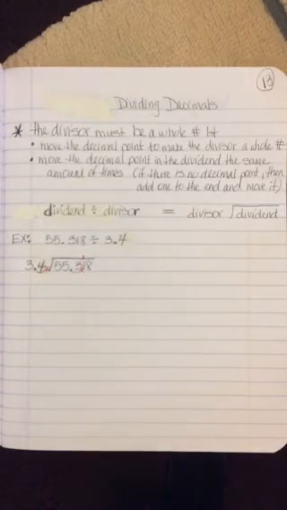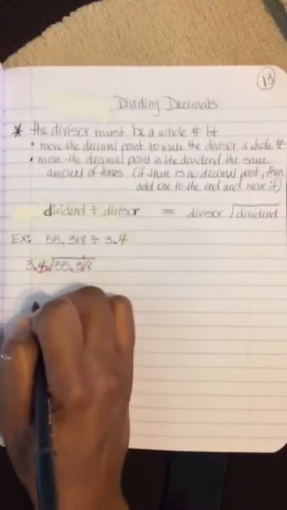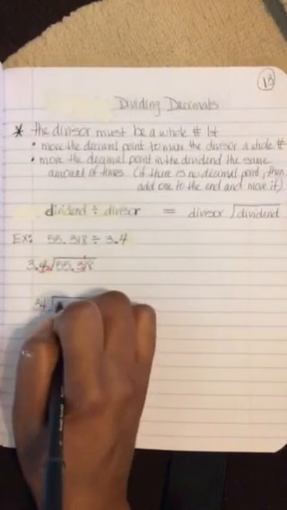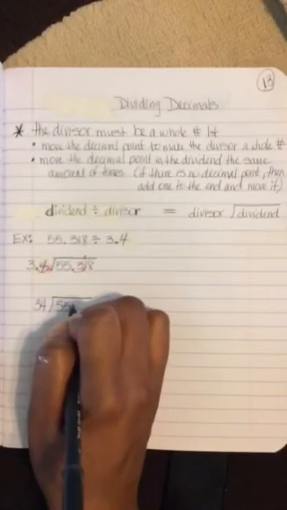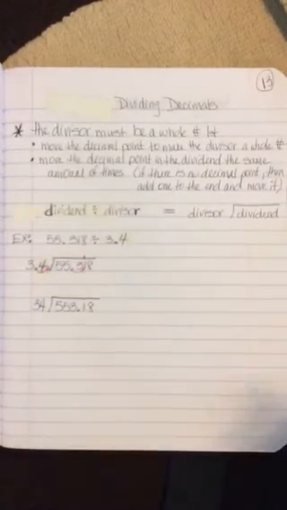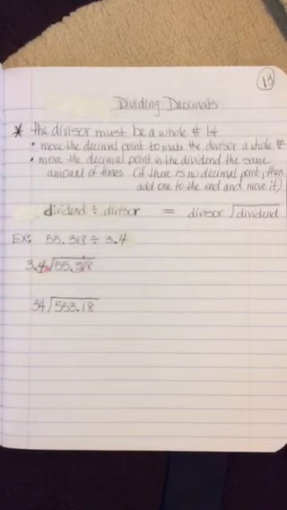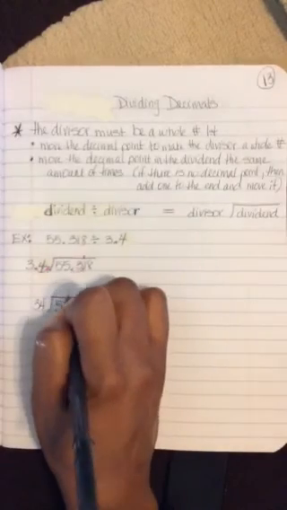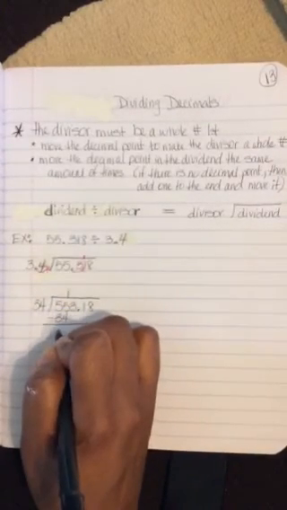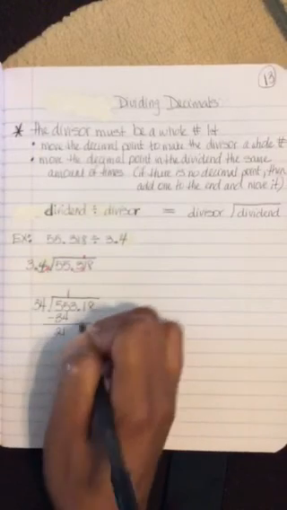So technically, the problem that we have that we're going to divide is 34 into 553 and 1800ths. And then you divide like you normally do. So 34 goes into 55 one time. Subtract, and we get 21.